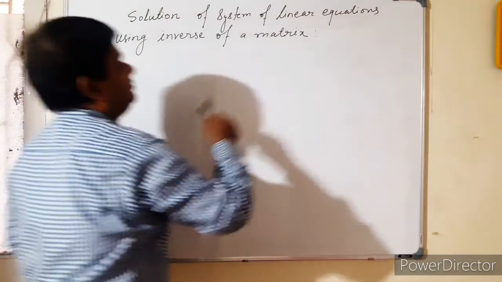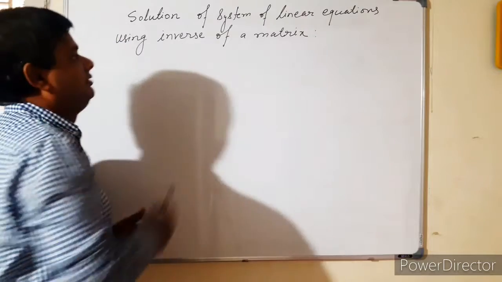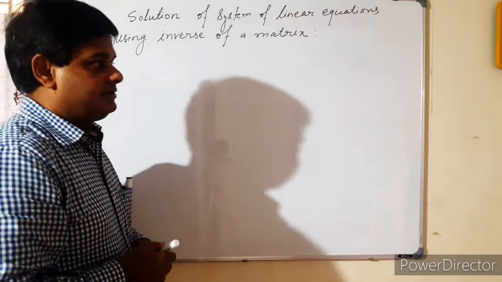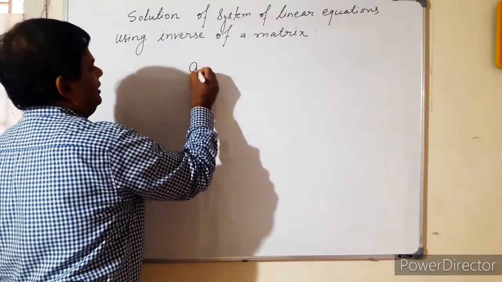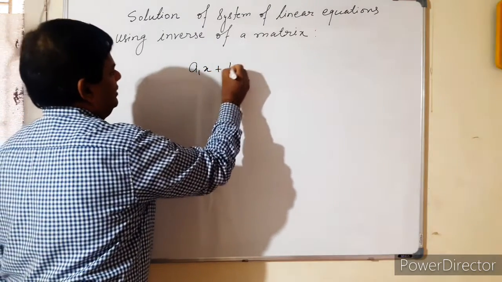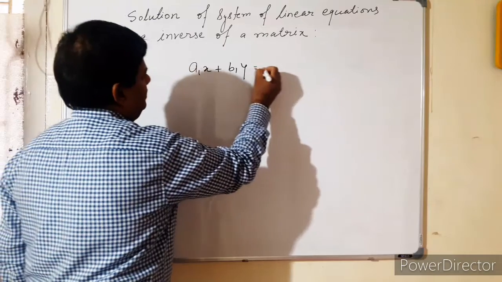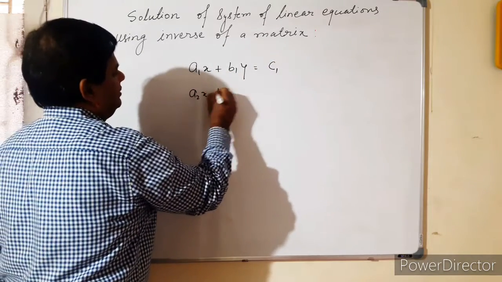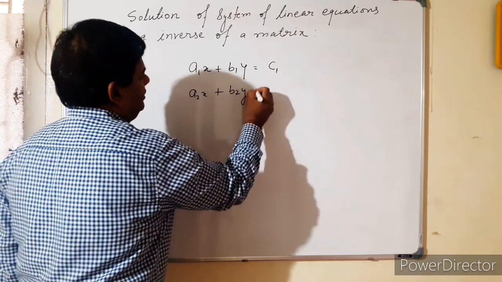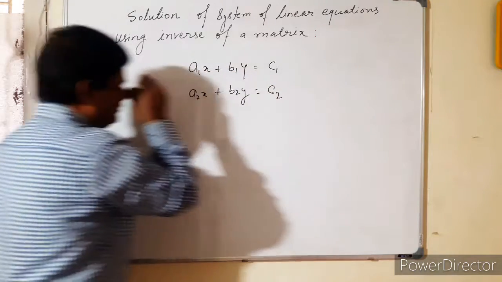Solution of a system of linear equations using the inverse of a matrix. We can write a1x plus b1y is equal to c1, a2x plus b2y equal to c2.